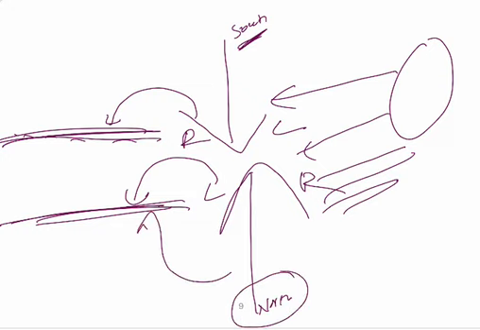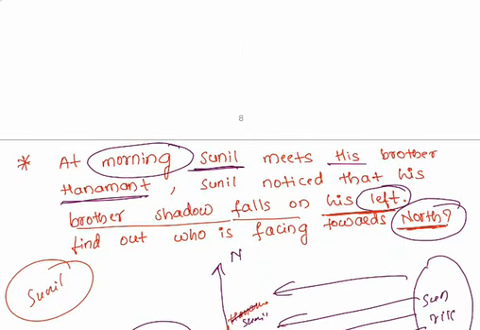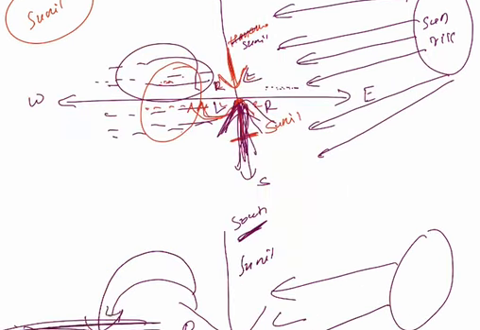Based on this concept, you put anyone. For example, this is Hanumant and this is Sunil. The shadow is on the right side of Sunil and on the left side of Hanumant. For the question, Sunil noticed that his brother's shadow, Hanumant's shadow, falls on his left.